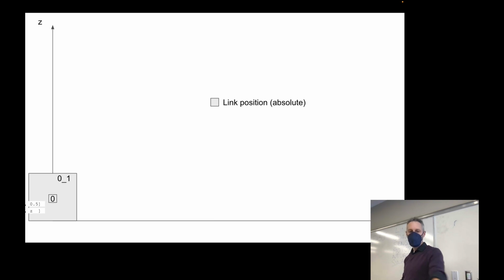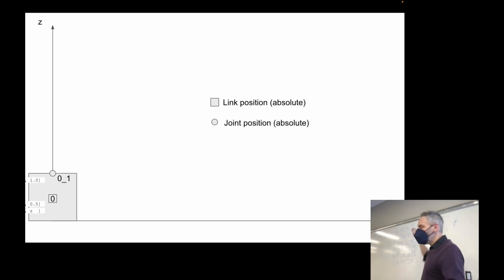Yeah? Okay. So I'm going to plot some links and joints here. We're going to place them at various positions where they have different Y and Z, but we're just going to leave X as is. Yeah? Okay. When we create a joint, like for a link, we need to define the position of that joint.